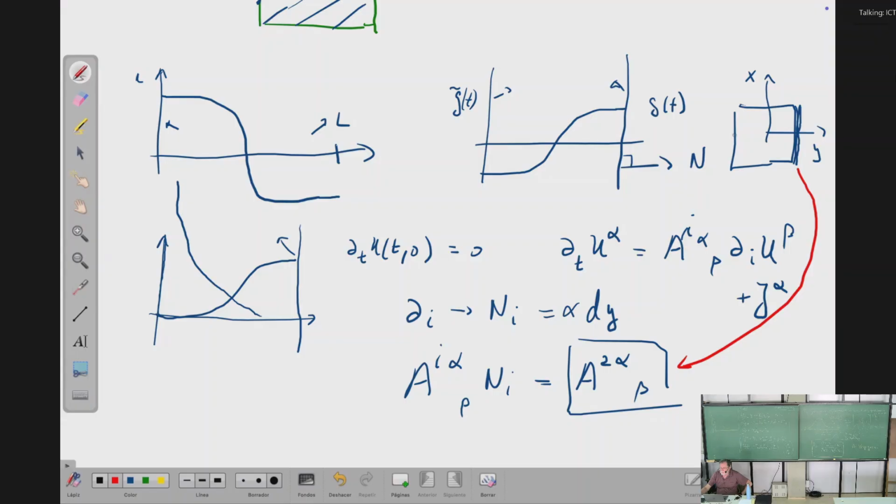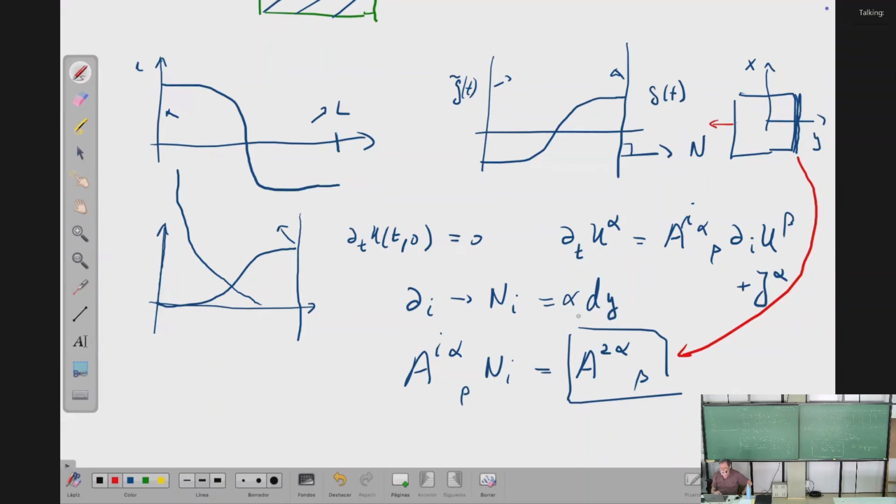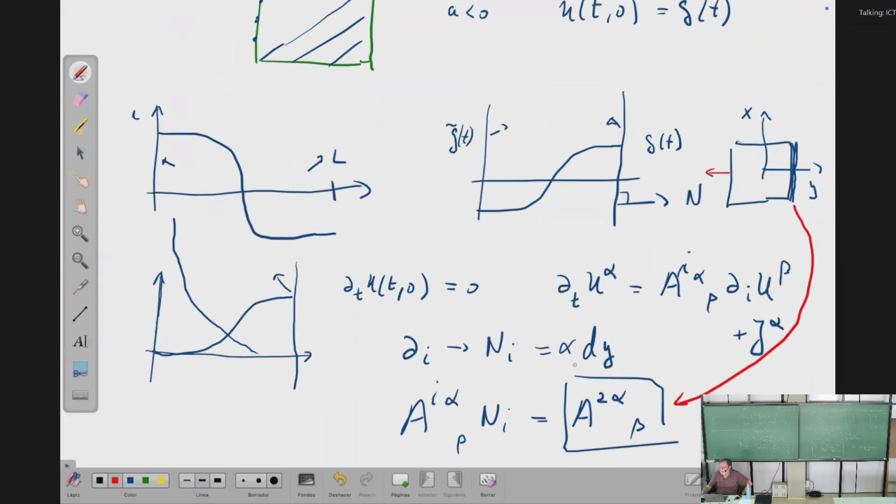Here we have to take the one with the minus sign because this is the outward direction. So on this side we have to look at the minus dy. But say we are just looking at this boundary here.